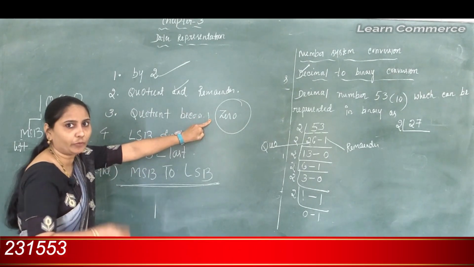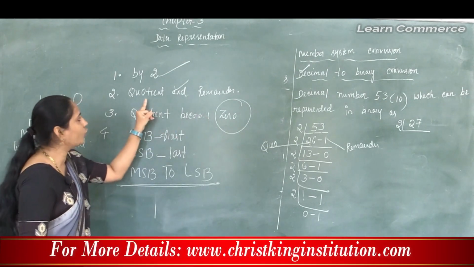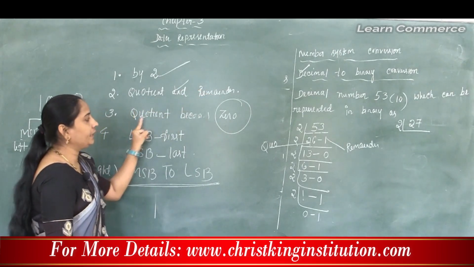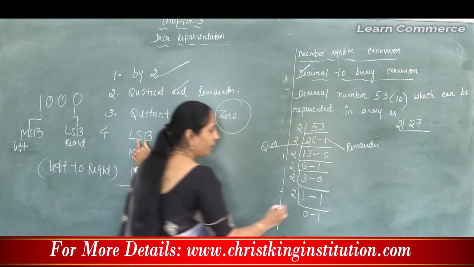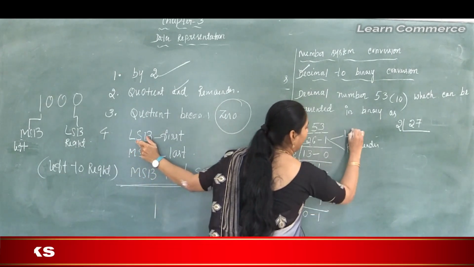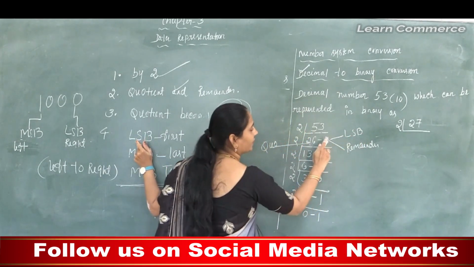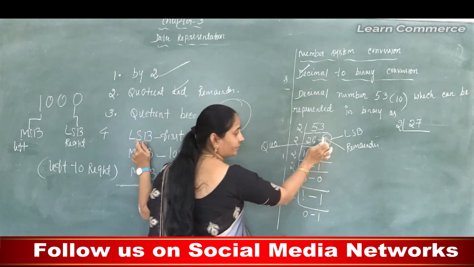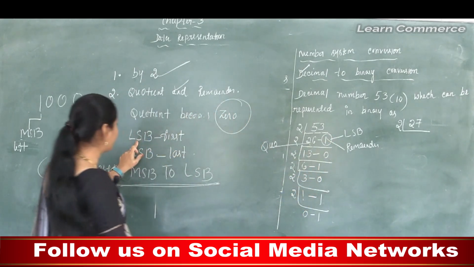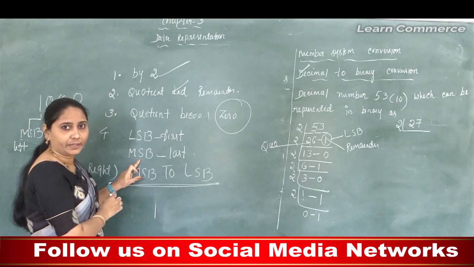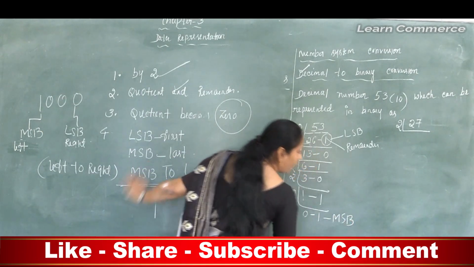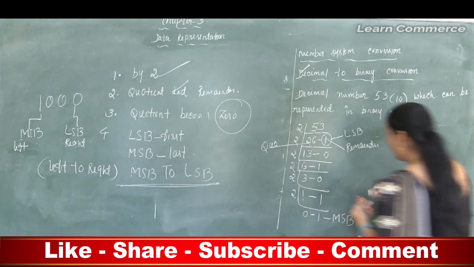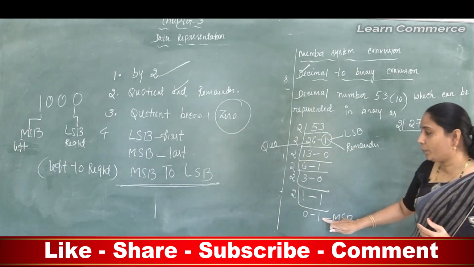Clear this point? You have to divide again and again and get the quotient and the remainder until the quotient becomes 0, and the first remainder is called the LSB, and the last remainder is called the MSB. Clear this point here? So how do we get the equivalent binary number?